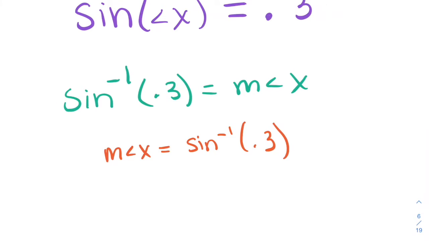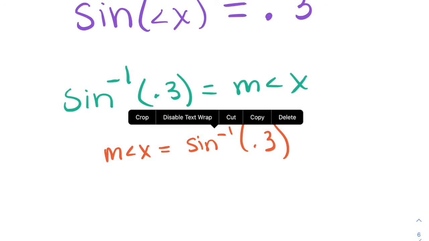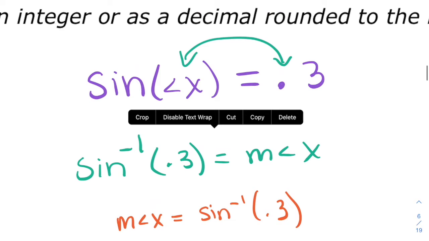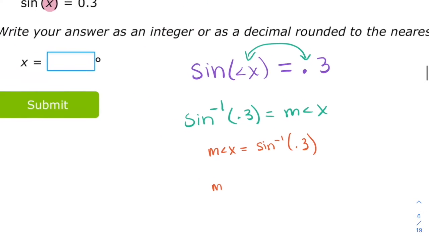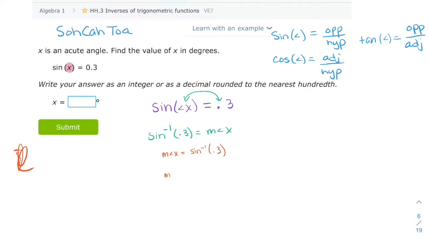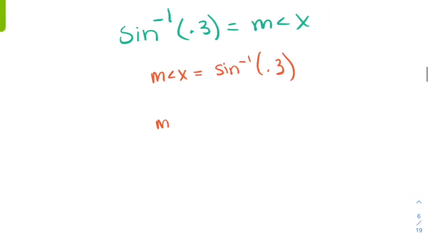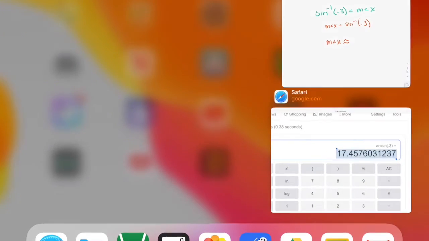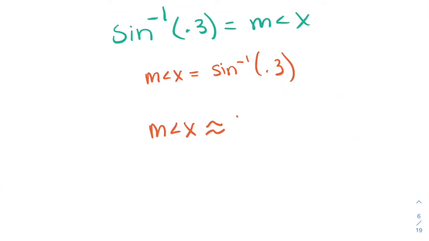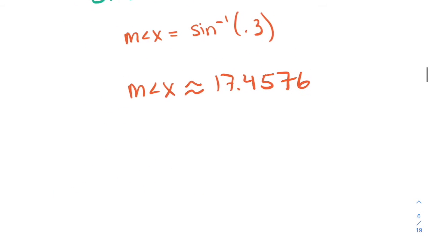So it really wasn't too much. The measure of angle x equals, or is approximately, 17.4576. It wants me to round to the nearest hundredth.